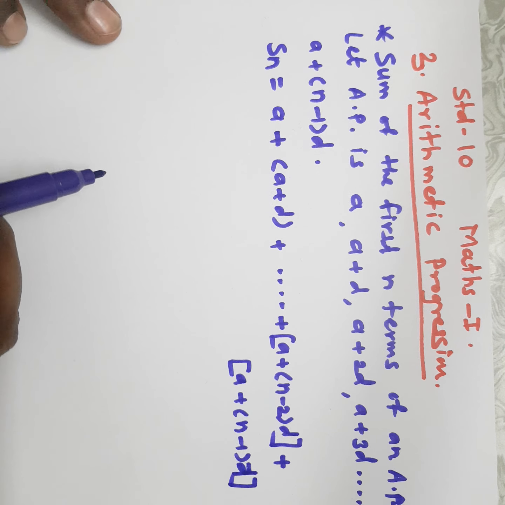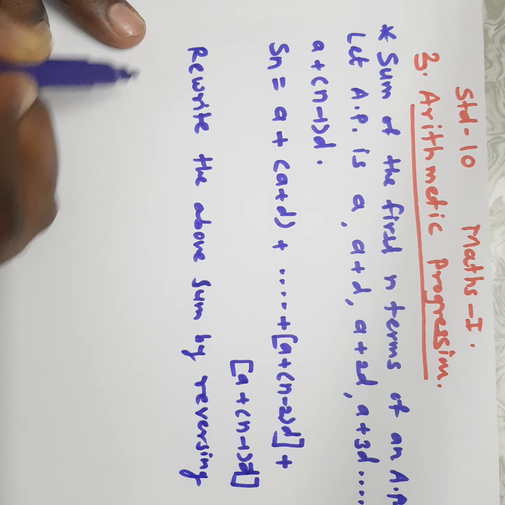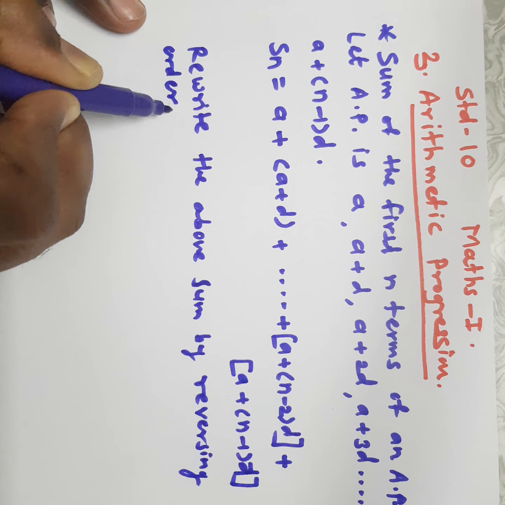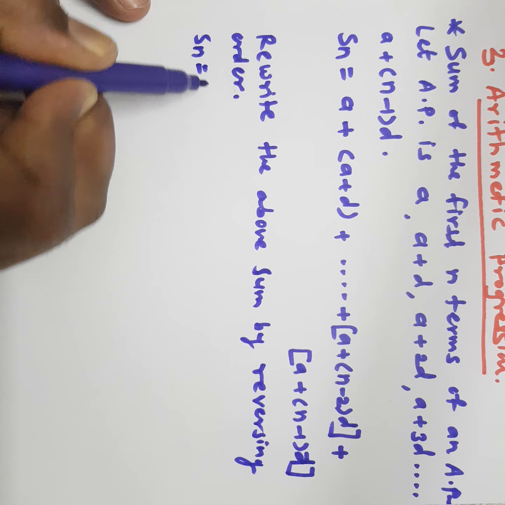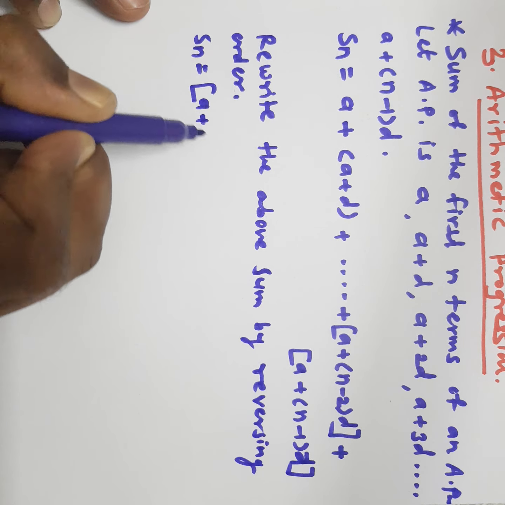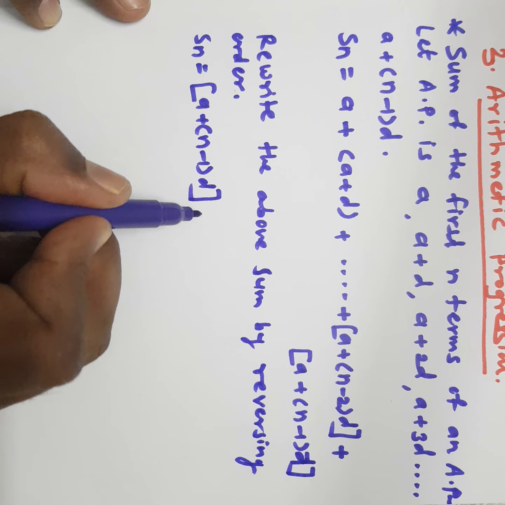If we rewrite the above sum by reversing order, then it will be Sn is equal to a plus n minus 1 into d, that is nth term, last term.